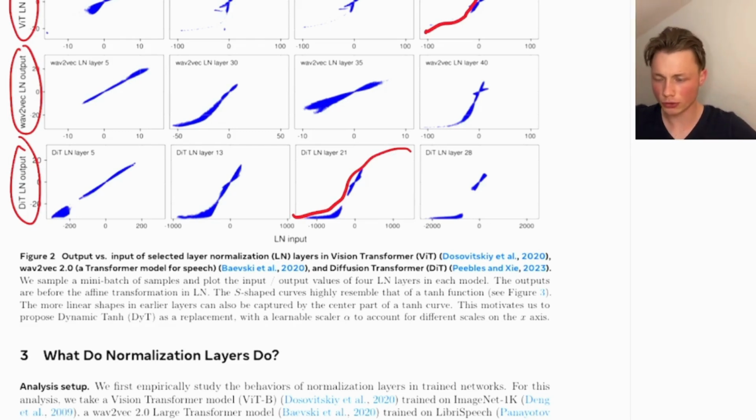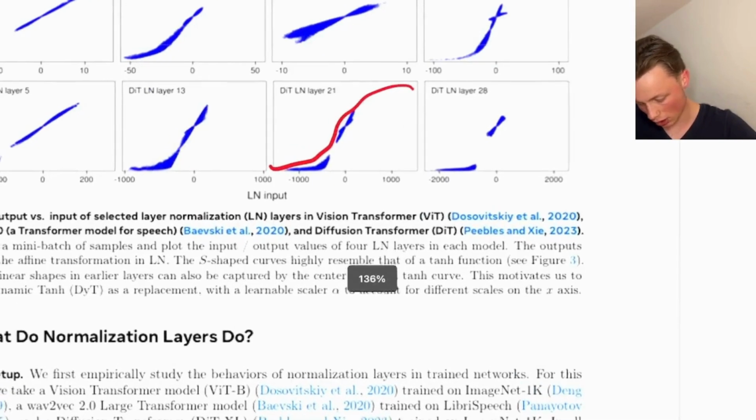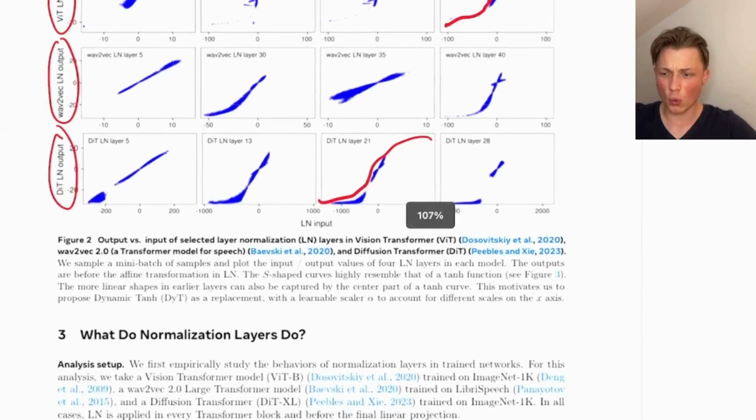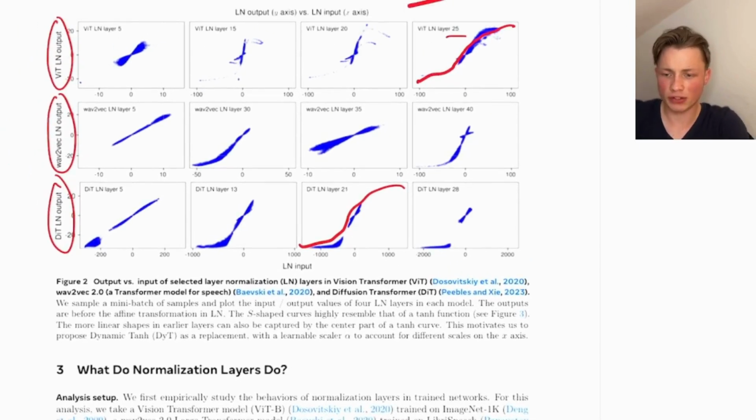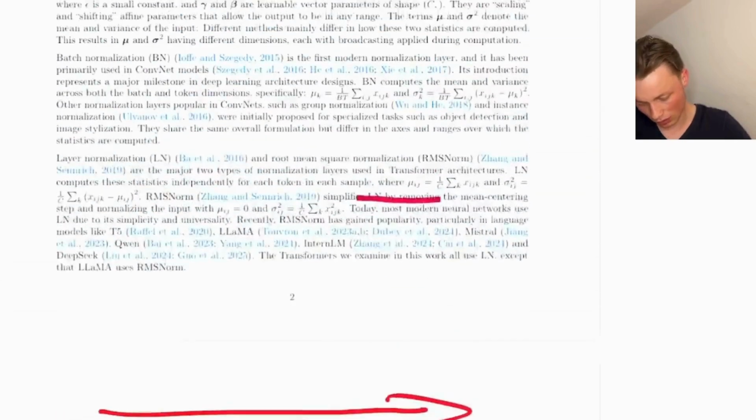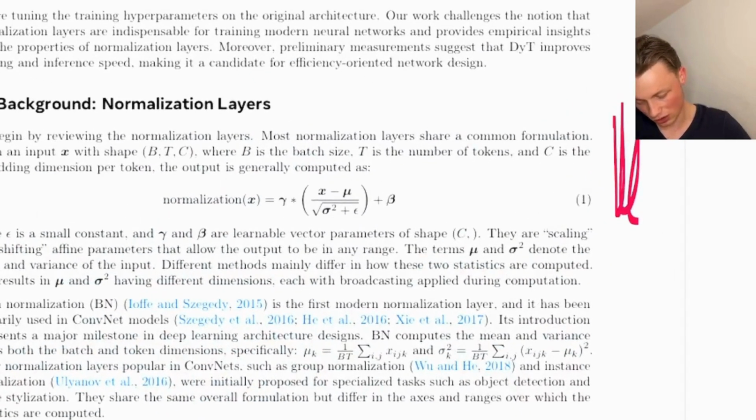Maybe we could also just read the description together. We sample a mini batch of samples and plot the input. So what we can see is it's a batch, not just one activation. They sampled a whole mini batch, and one important thing is the outputs are before the affine transformation in LayerNorm. So let's have a look again at what the affine transformation is.